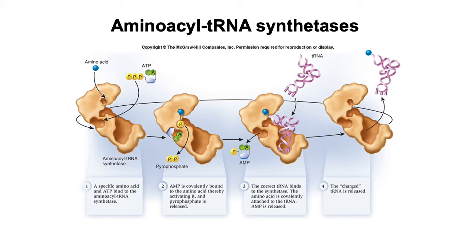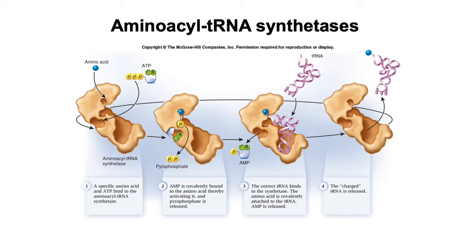They bring the amino acids, which are shown here as a blue ball, in proximity with the tRNA, and then with the help of some ATP hydrolysis, they link the amino acid to a specific tRNA.